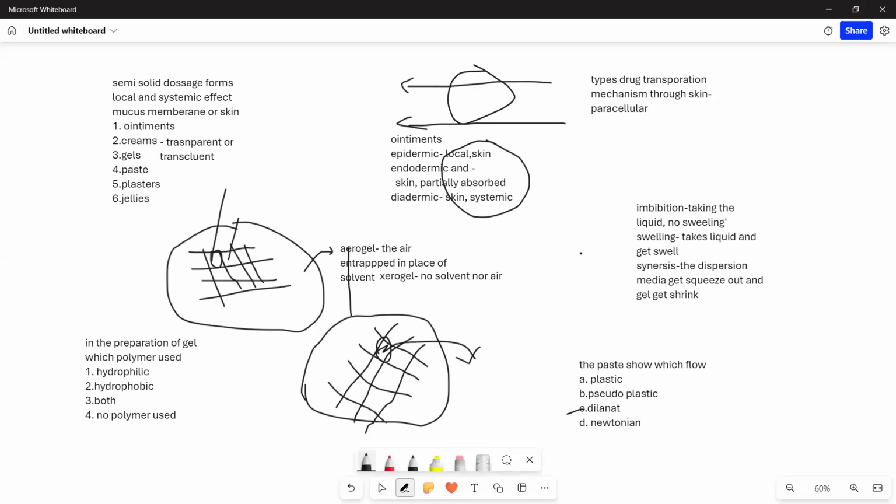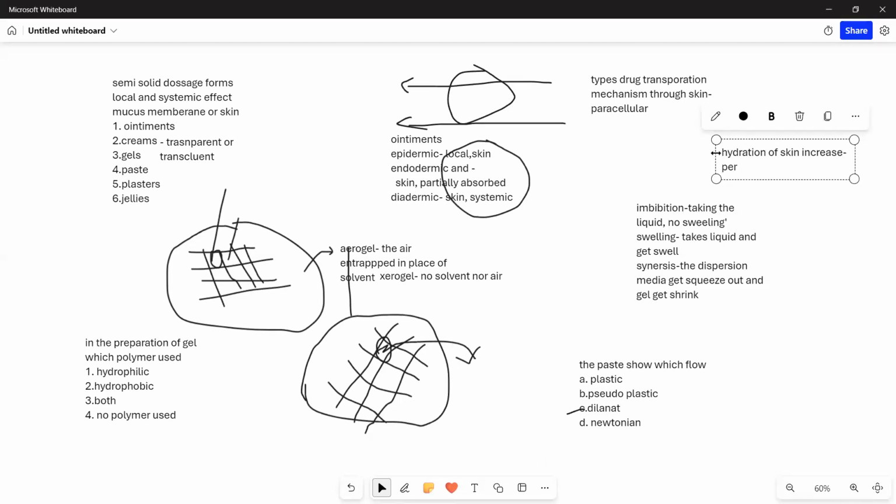So there are factors which influence the permeability of the compounds to the skin. Generally when the hydration of skin increases, what happens to the permeability, guys? Come on, tell me. For example, I have hydrated my skin.